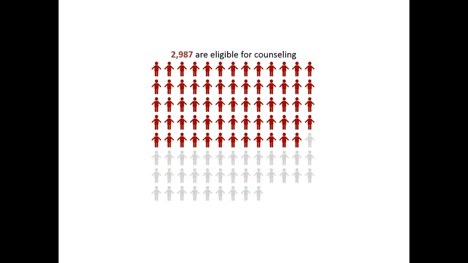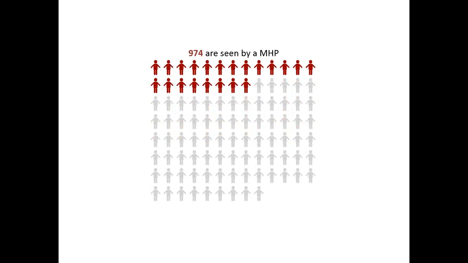By eligible, we mean these kids aren't already engaged in mental health services, or currently seeing somebody, and they're not from out of state. Occasionally a CAC might get a child from a neighboring state, and we really want to focus on having them serve their own service area. So about 3,000 are eligible for counseling.